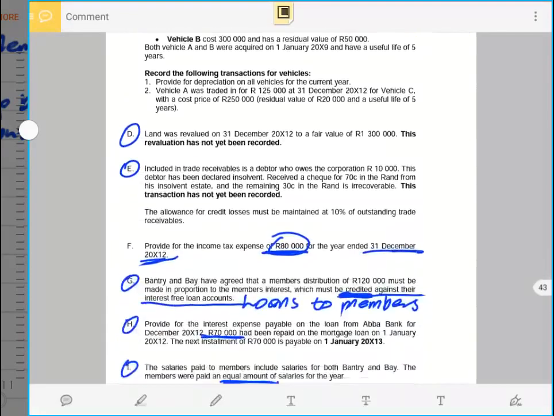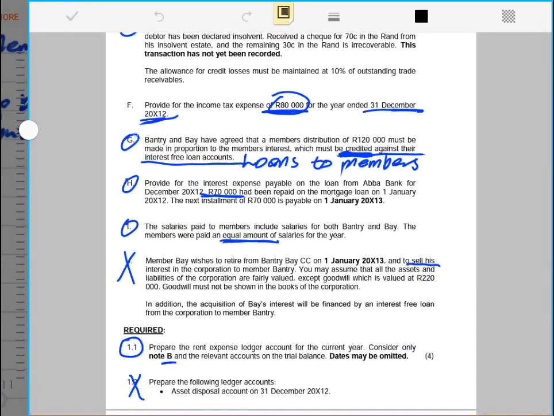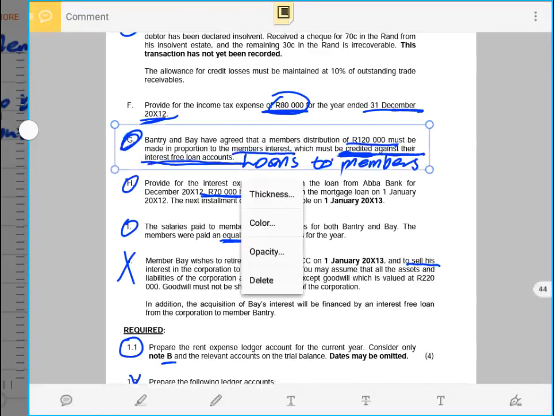That 120,000 rands was under number G. Number G, there was the distribution of 120,000, which must be split using the members' interest and be credited against their members' interest-free loans. So that is where I am.